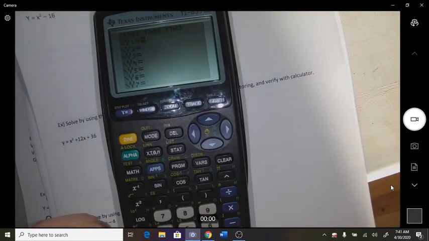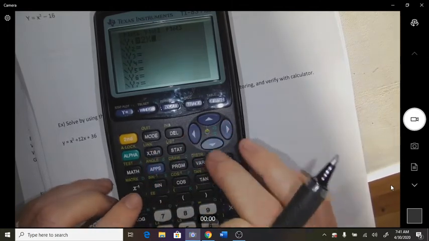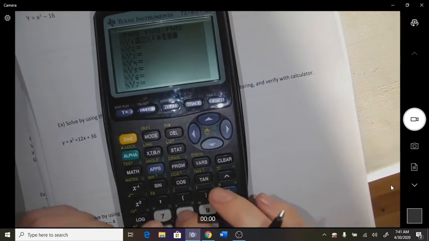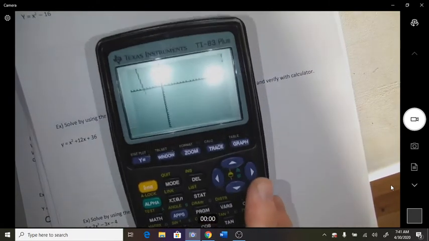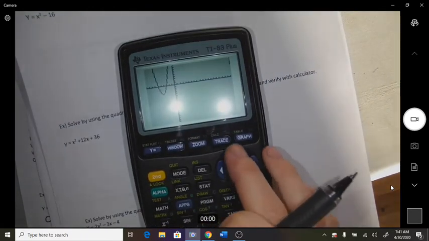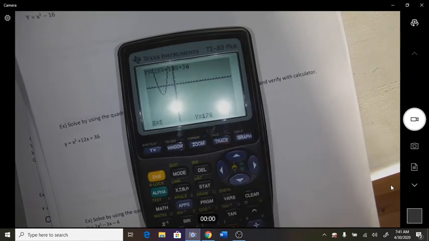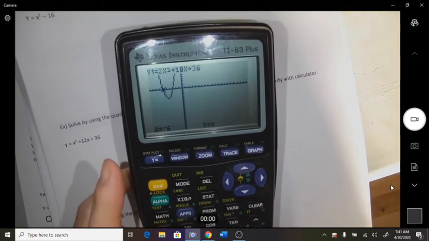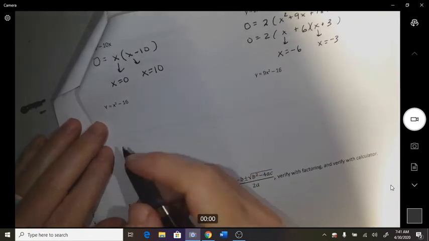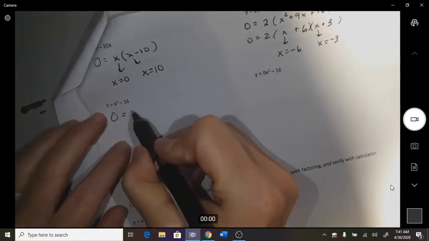Okay, so we'll graph it to confirm. So trace negative 3, it works, and negative 6 also works. Okay, next is a difference of squares, so 0 for the y.